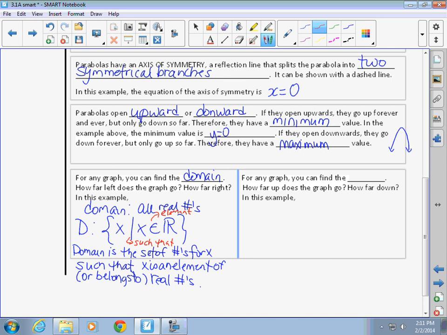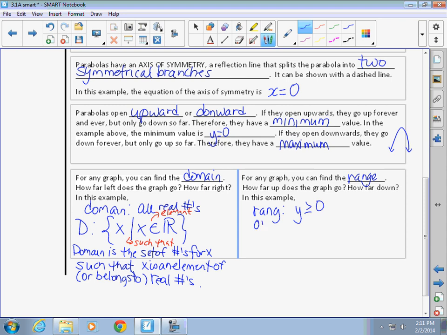So the next one says, for any graph you can find the range. The range is looking at how far up does the graph go and how far down does the graph go. So it's looking at your y values. So in this example, our range was y had to be greater than or equal to 0.